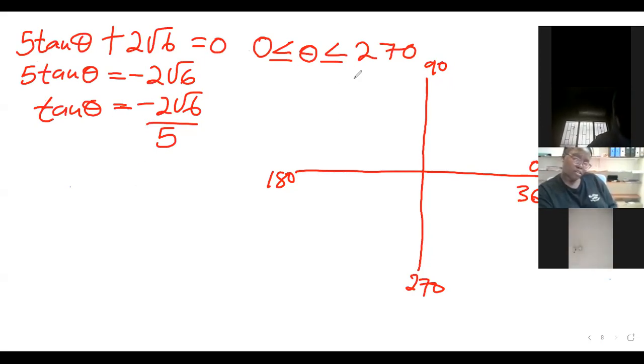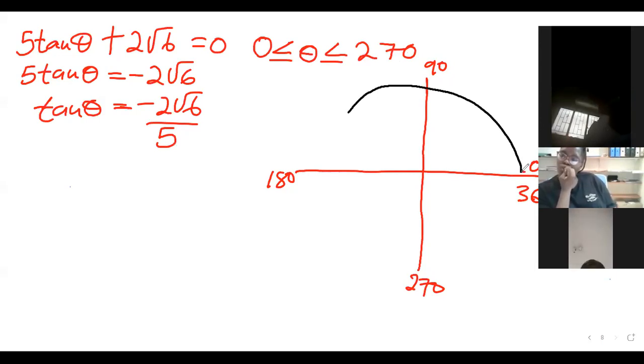Right. Let me come to these quadrants, and I want to throw away those quadrants that are not within my restriction. So 0 is less than or equal to theta, less than or equal to 270. Which quadrants am I talking about? Let's go together. From 0, remember, trigonometry goes anti-clockwise. From 0, I'm going 90, 180, then I go to 270.